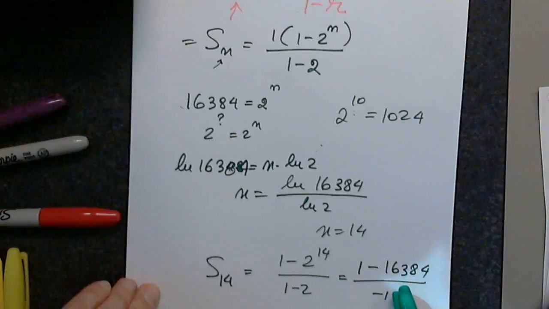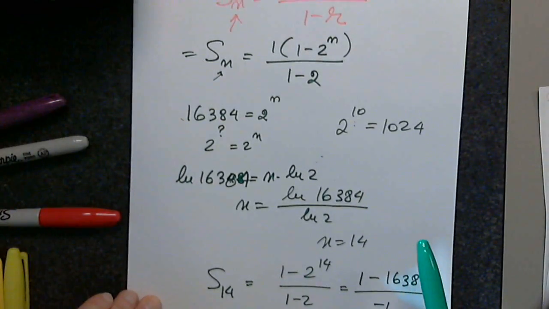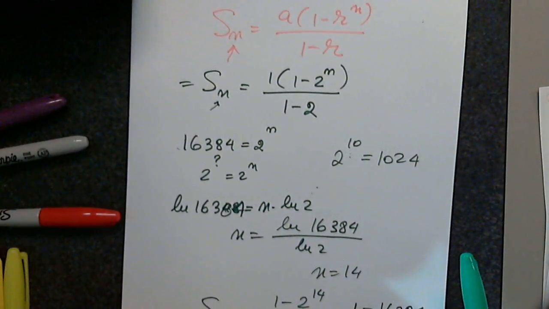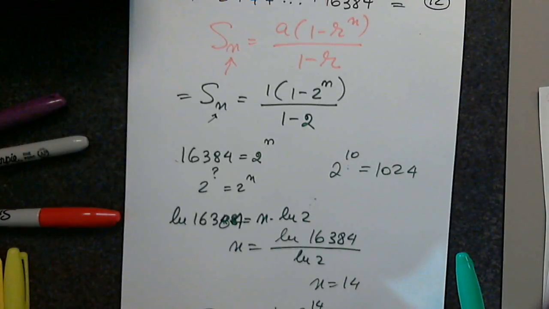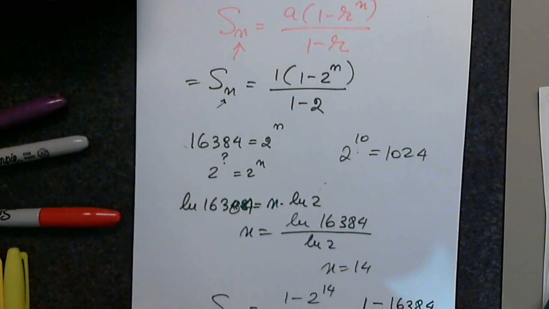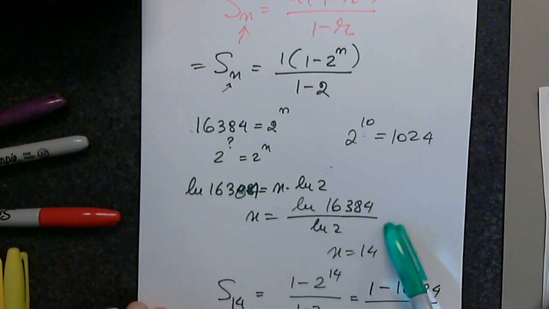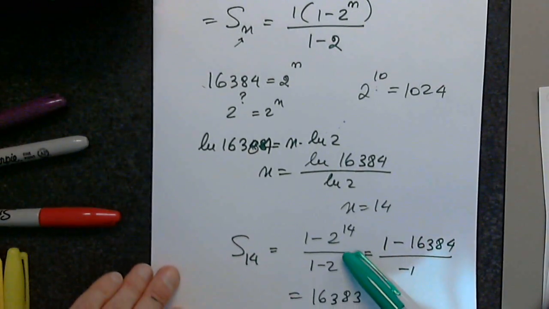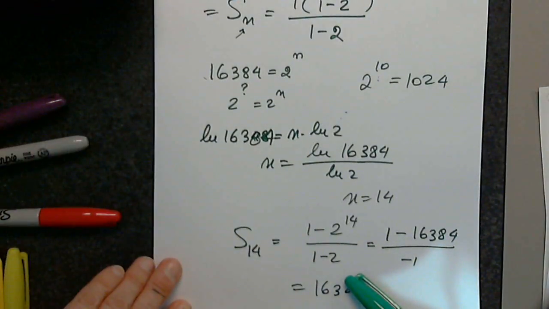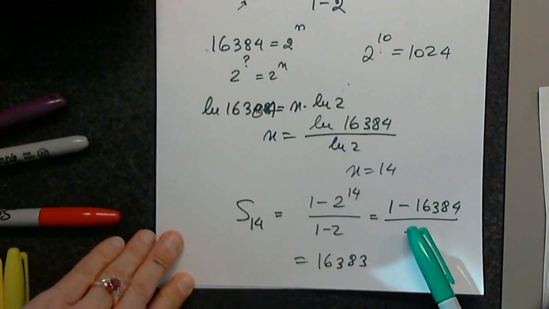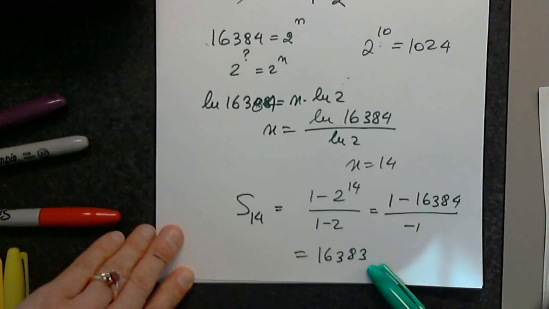I did something. What did I do? And to the 14th. That's what we got here, 14? Yeah, checks out. Yeah, 16383.